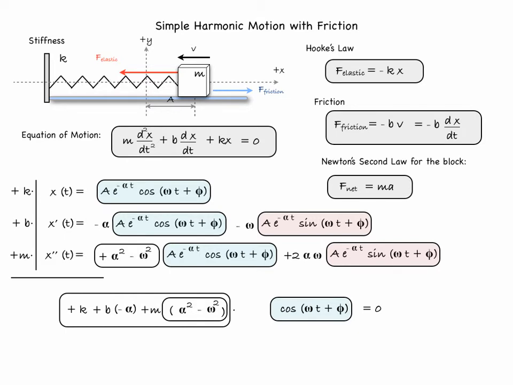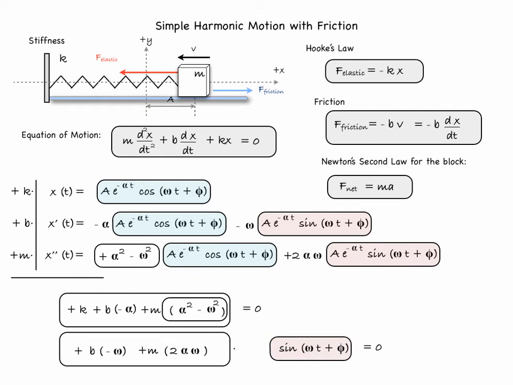That is, k plus b times minus alpha plus m times alpha squared minus omega squared, times cosine of omega t plus phi, is equal to 0. Here we can cancel the cosine of omega t plus phi, so that we actually get k plus b times minus alpha plus m times alpha squared minus omega squared is equal to 0.